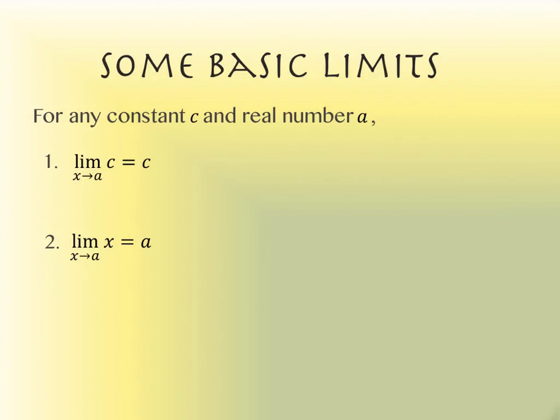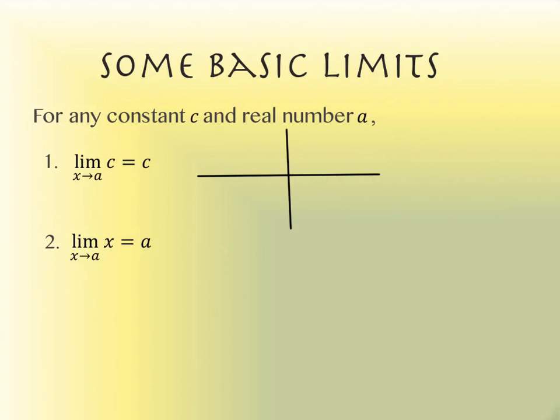So there are some basic concepts of limits that you need to know first, and I can justify a few of these as we go with some pictures. The first one says that if you have the limit of a constant c, so c is just some number, then as you approach the value of any x value, you're still at the same constant value. You guys know what a picture of a constant value looks like.